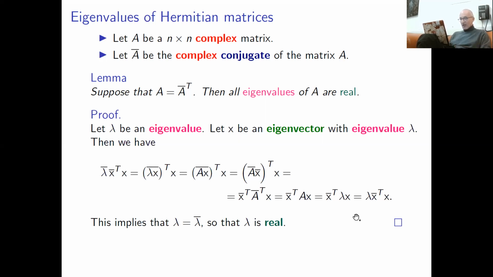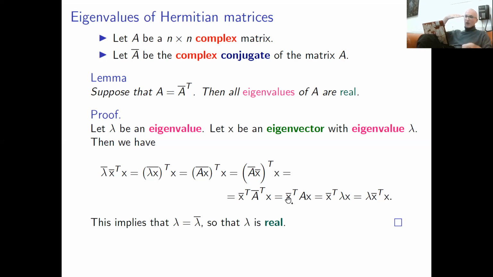Now I start playing with this. I write this product, which is the central part. I take matrix A and multiply by vector X. Then on the left, I multiply by the conjugate of vector X transpose.